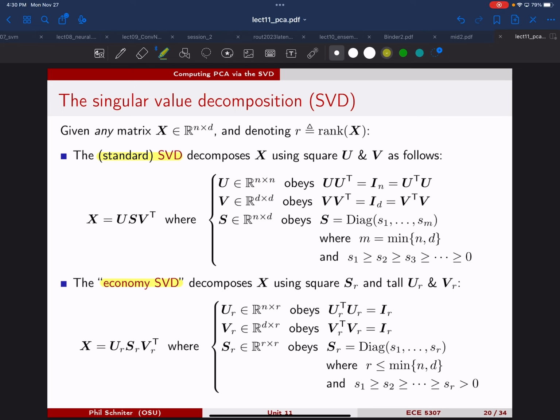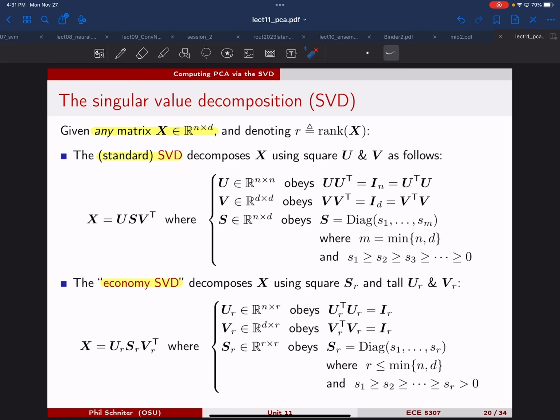Again, this is any matrix X. Just for purposes of our discussion, like always in this course, X has n rows and d columns. And let's denote the rank of X. The rank, from linear algebra, is the number of linearly independent columns or rows in that matrix.